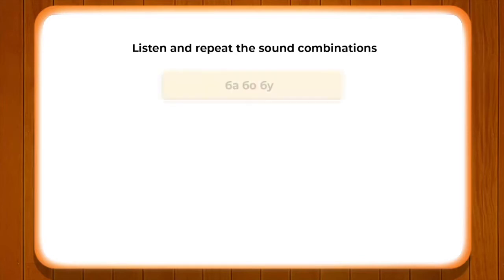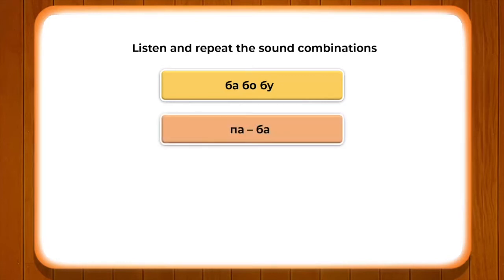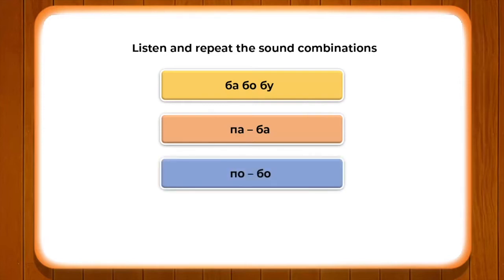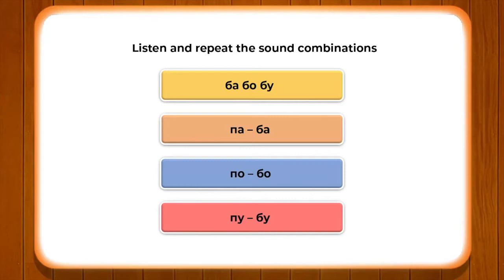Alright, now we will see a combination of such letters and pay attention to the sound. We have ba, bo, bu and pa, ba, po, bo, pu and bu.